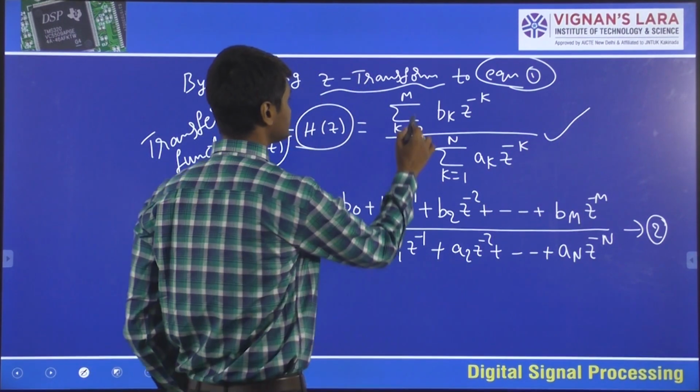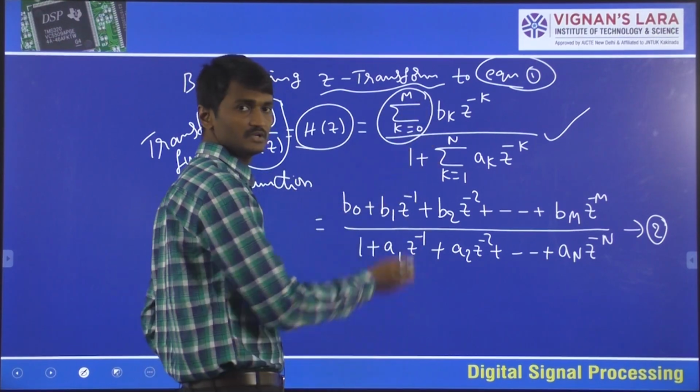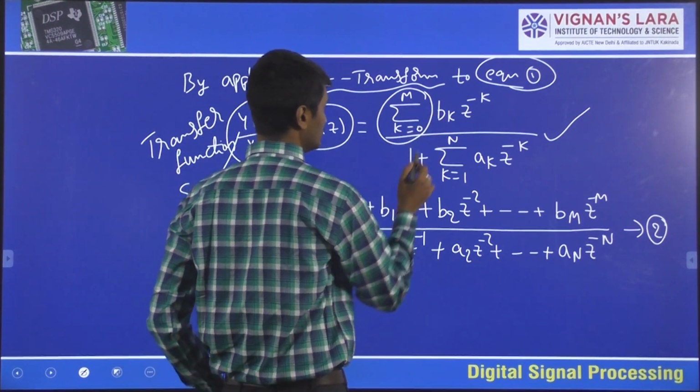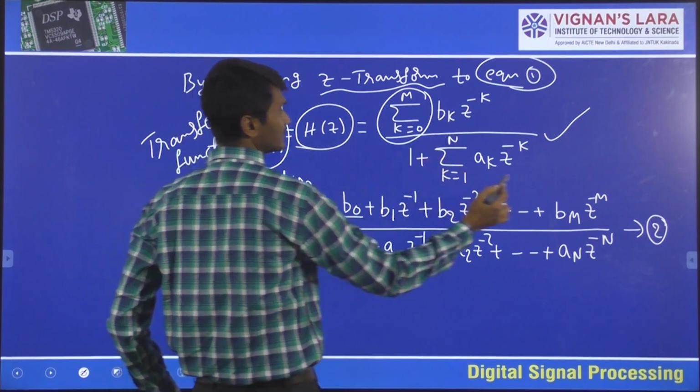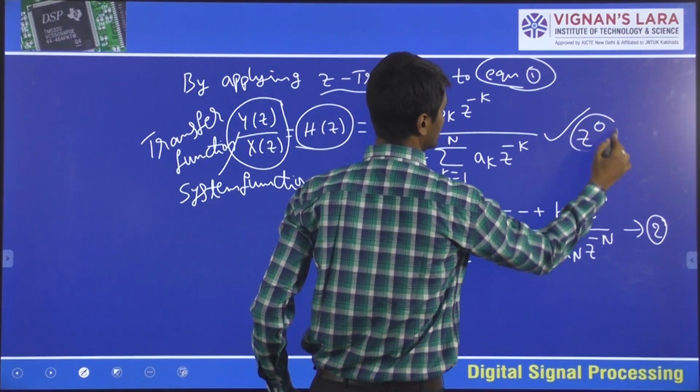Now apply some values of k in the summation. For k equals 0, b naught into z power 0, that is anyway 1.